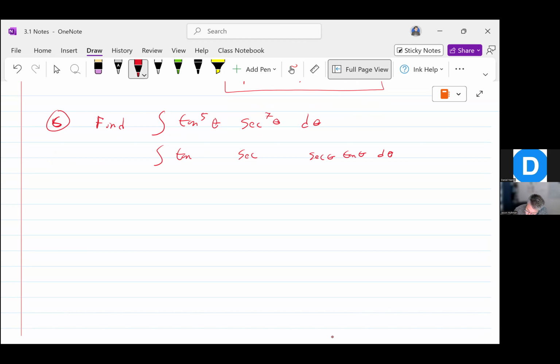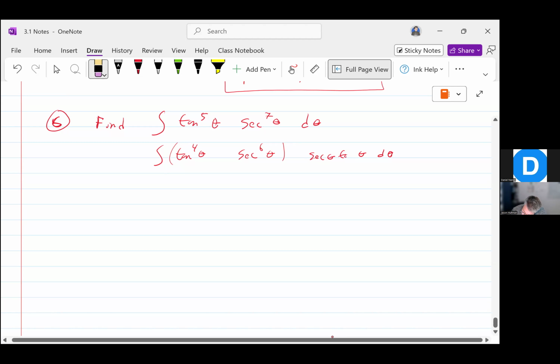Thank you. So this becomes tangent to the 4th theta, secant to the 6th theta, times the secant tangent. Well, the derivative of what is secant tangent? Secant. Yeah, secant. So we want to turn everything into secants.